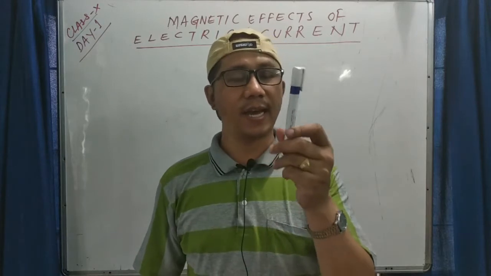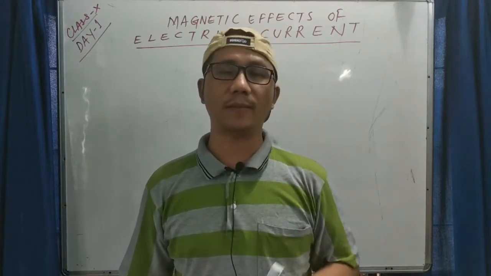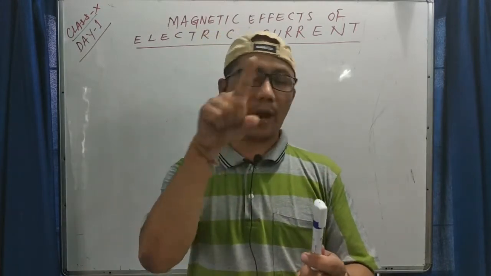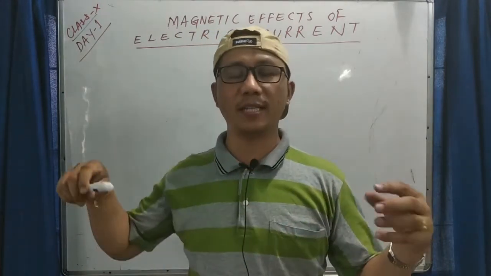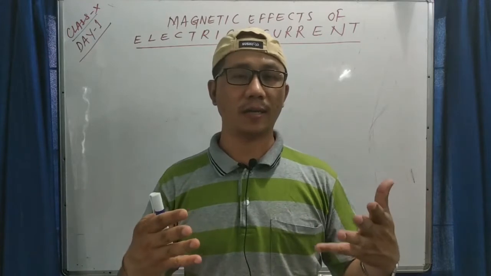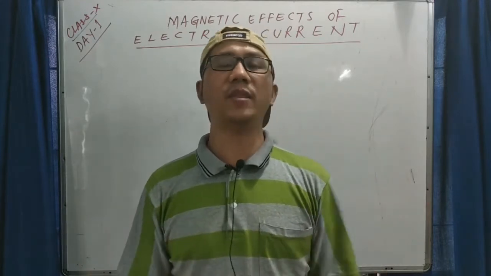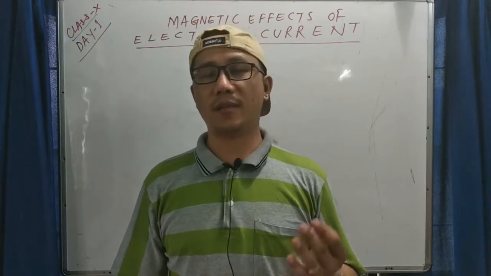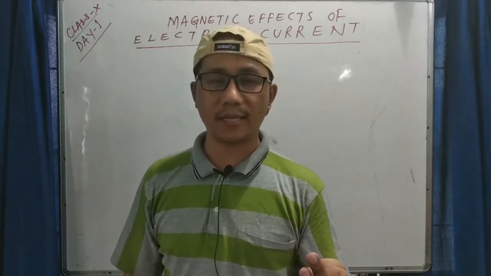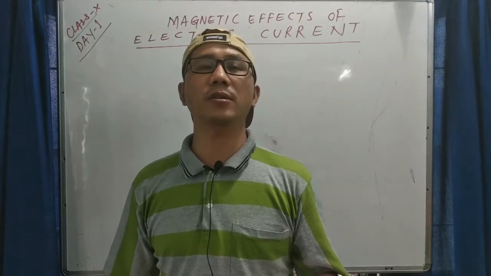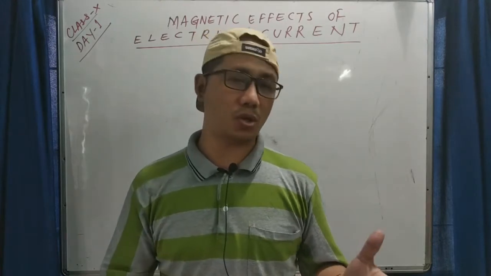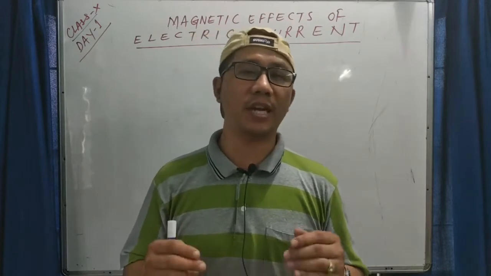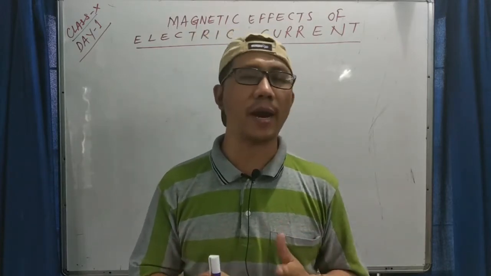And also the current carrying circular coil. जब circular coil में electric current pass करेगा तो क्या होगा, वो भी पढ़ेगा. After then, we are going to come to the solenoid, then electromagnet. And then we will come to know about the motors, electric motor and also electric generator along with the fuse wire.